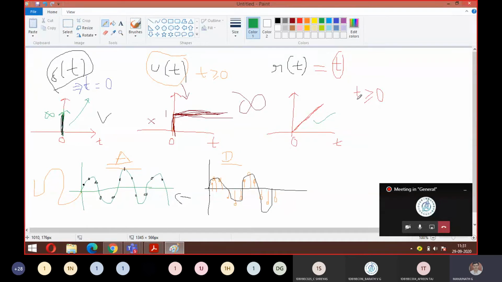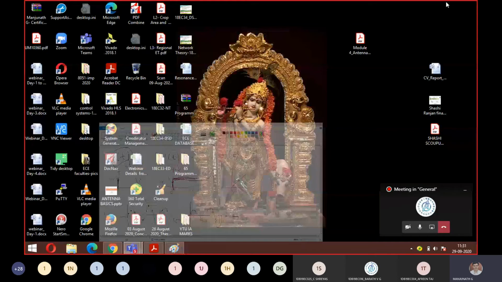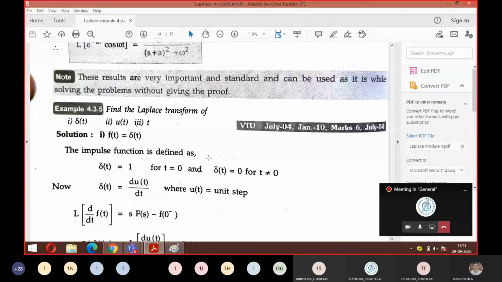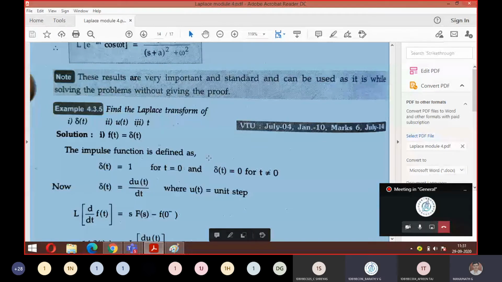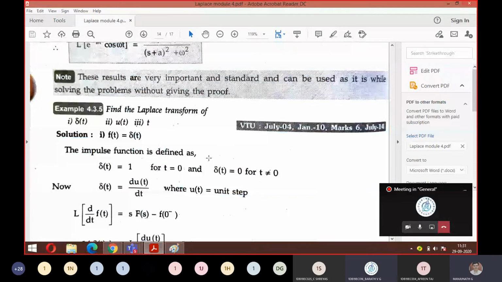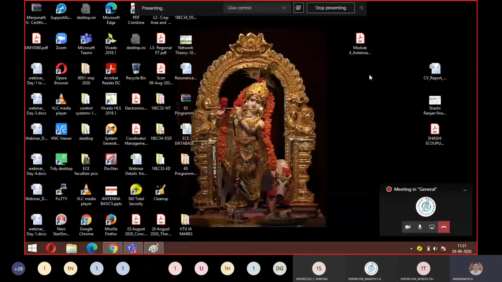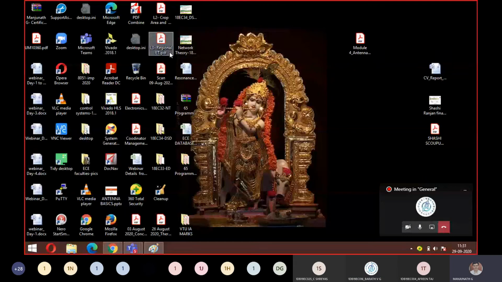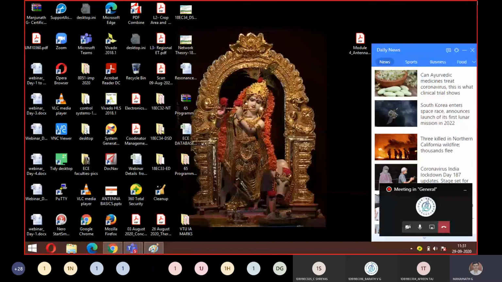So how it looks, I'll just show. Just check if the screen is visible. Is the PDF visible? Not visible, sir. Okay, let me close and open once more. The desktop is open.